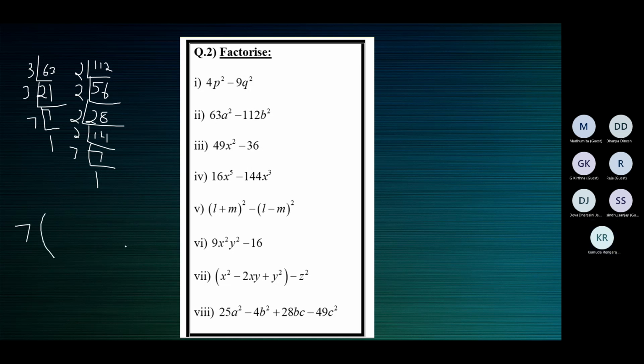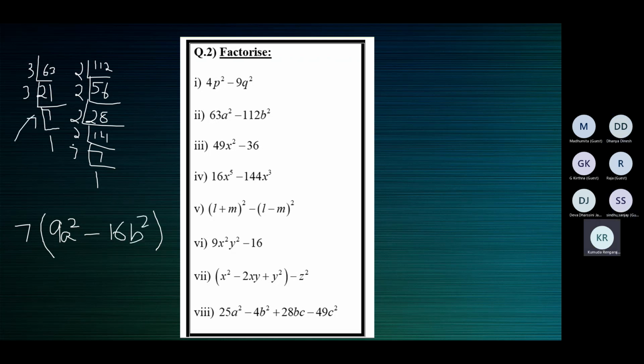Tell me, children. 9a square, correct? Yes, ma'am. Minus 16b square, ma'am.